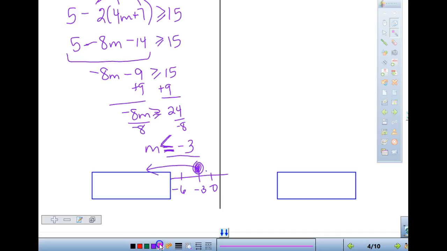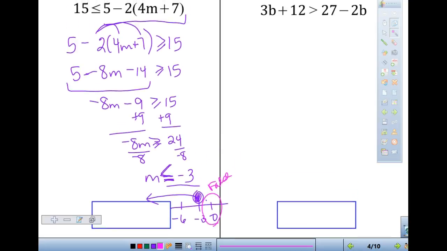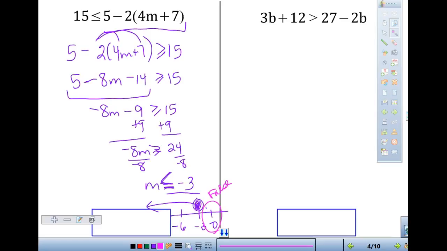So what I definitely know also is that 0 makes it false. If I plug that number into the original inequality and put a 0 in, 4 times 0 is 0, so I really have 5 minus 2 times 7. Should that ever be greater or equal to 15?